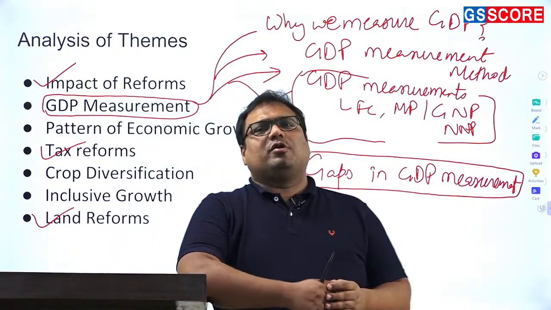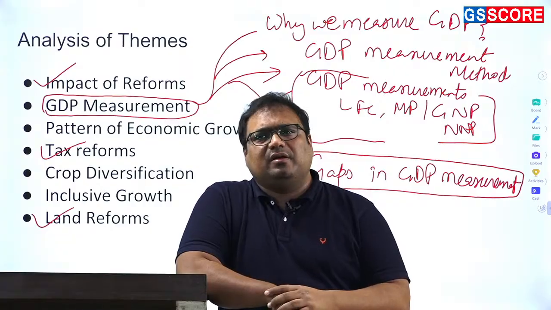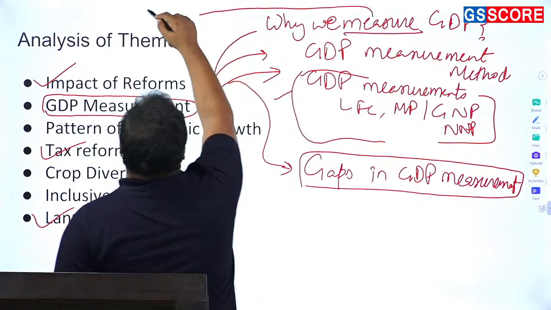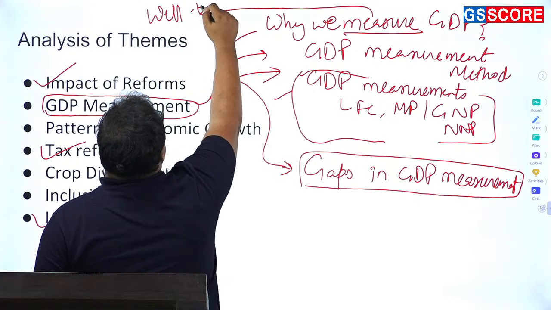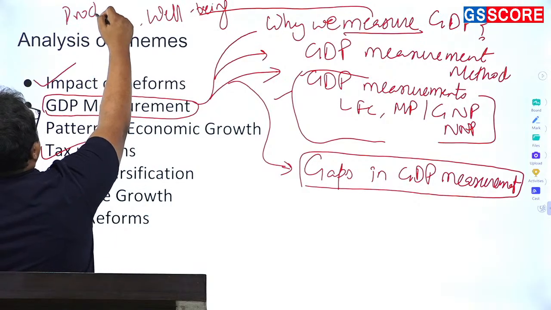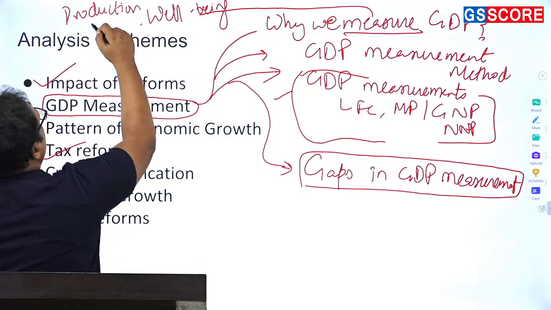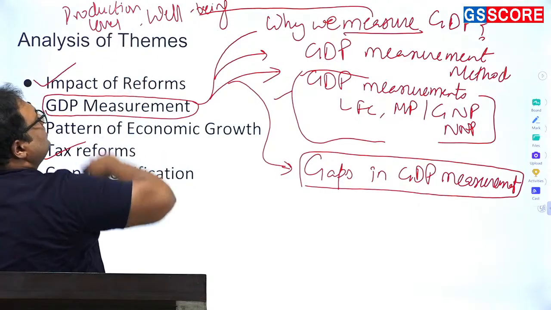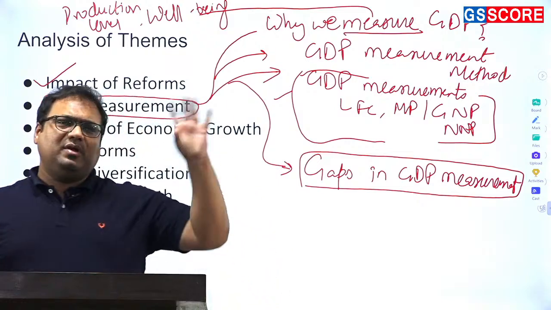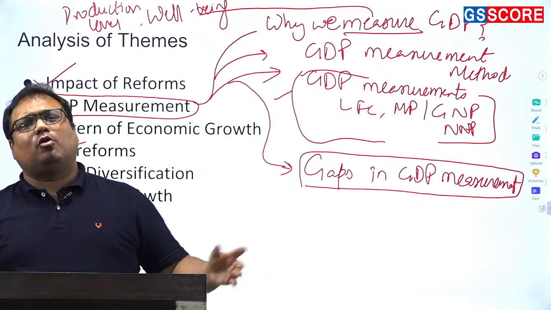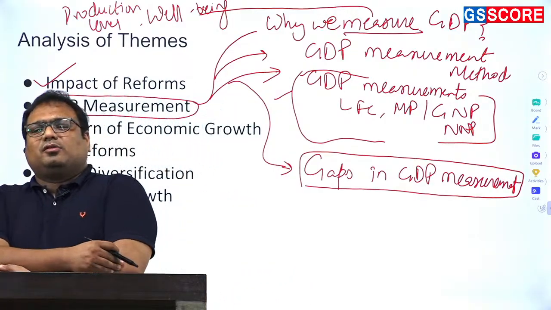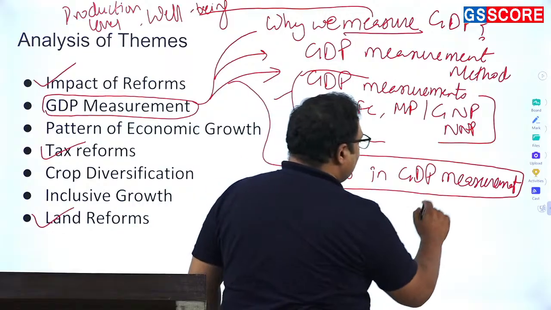And that is what is going to determine their economic well-being. So in a way, we are trying to measure well-being of people, or we are trying to measure the production level in the country. These two things we are trying to measure: production level and the well-being. Now, what are the gaps? That there might be a production in the country which is not measured, which is not considered. So that is a gap. So for example, informal economy.